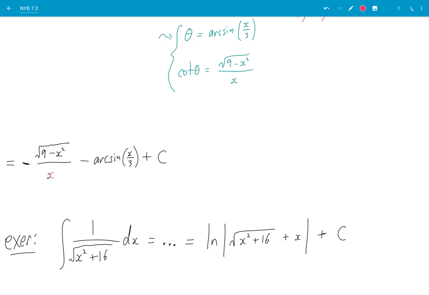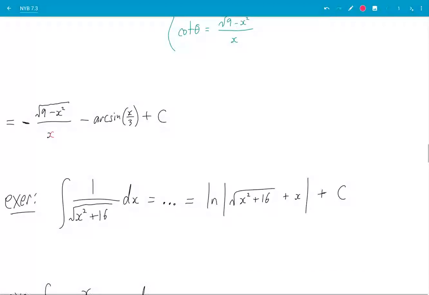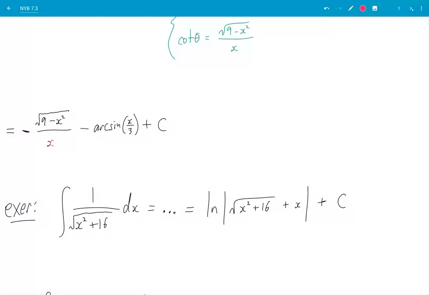Exercise. I want you to pause, copy, try, pause, copy, try, pause, copy, try. I'll give you a hint if you're stuck. You're going to need the formula for the integral of secant theta.